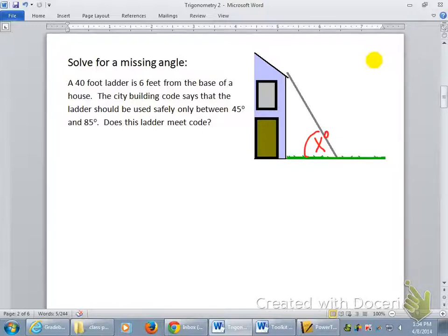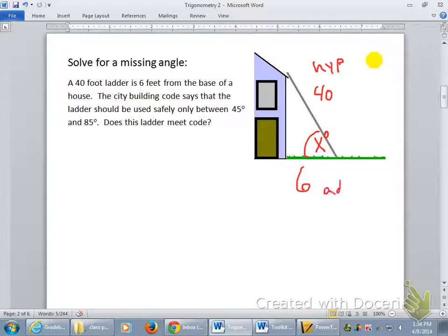All right. Now we can make some assumptions on this. We can label the rest of this. What do we know? The length of the ladder, 40 feet. So this is 40, right? And that also represents what on my triangle? The hypotenuse. And someone just said that the bottom was 6, and that represents what?